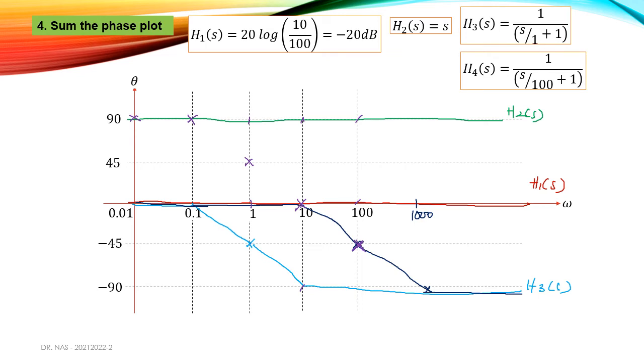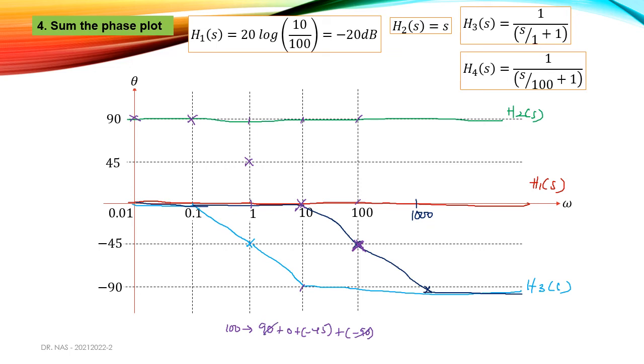Okay, look again at 100: it's 90 degree, plus 0, plus minus 45, plus minus 90. So it's minus 45.